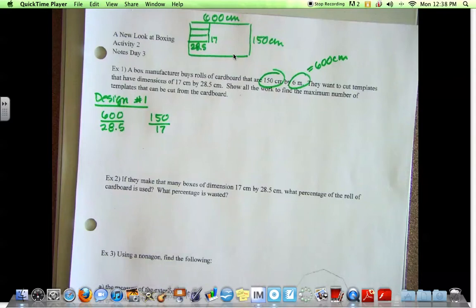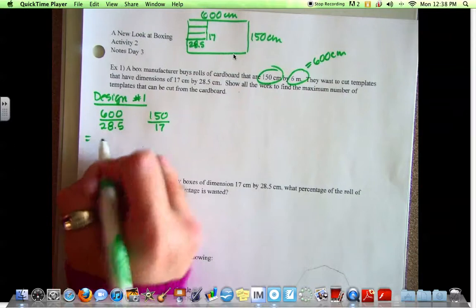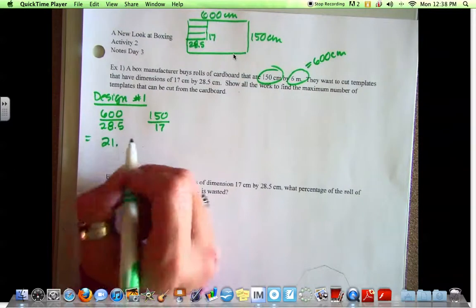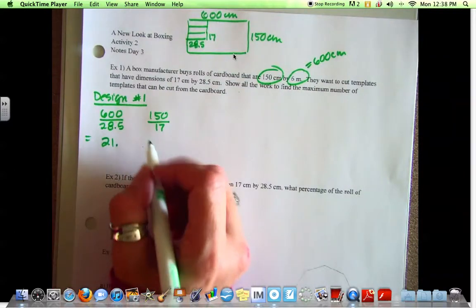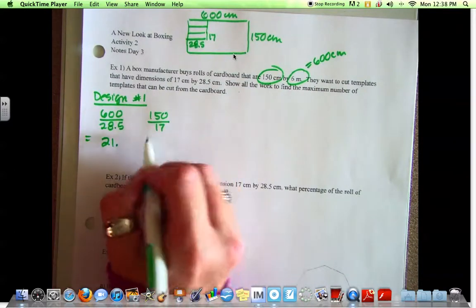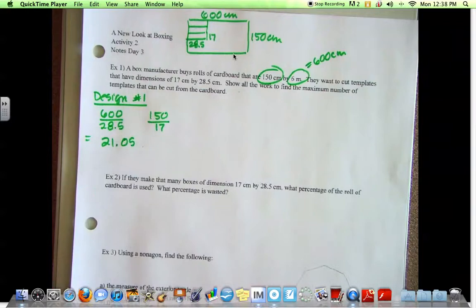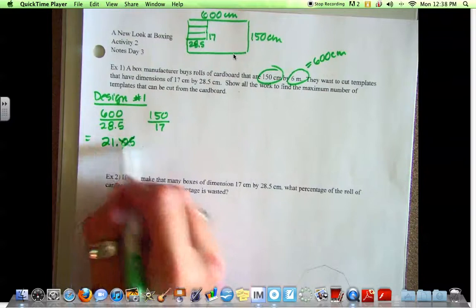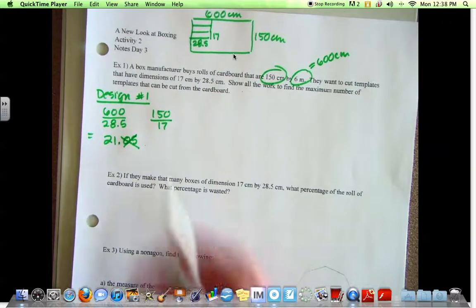All right, so on your calculators, 600 divided by 28.5 gives you what? 21.05. Okay. Do we want the partials? No. So we just want the 21 whole parts.